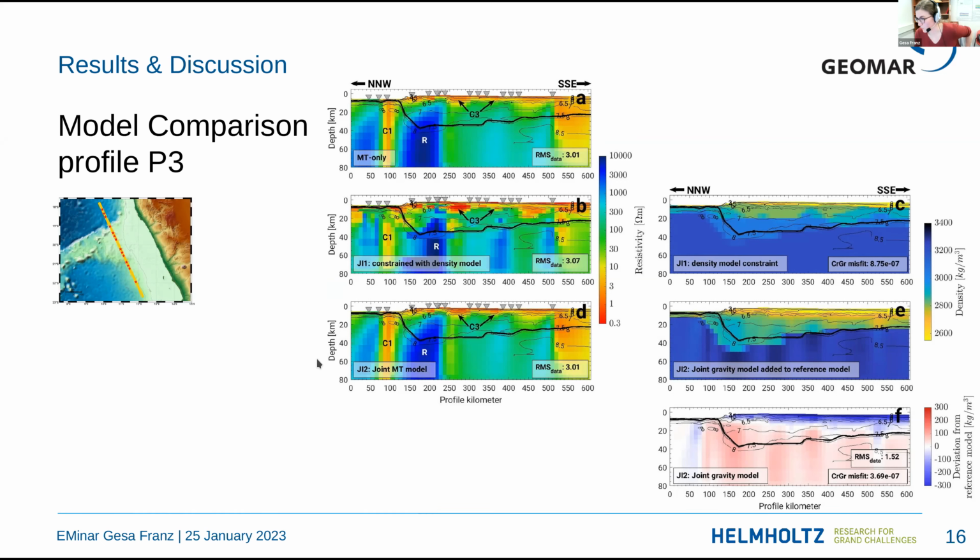And also there I will point out a few observations that we have. So first of all, the models have the same or similar large scale anomalies, which is for one this large resistor R, that also comes together with high density, and it is also in accordance with imaged high velocity models below Walvis Ridge.